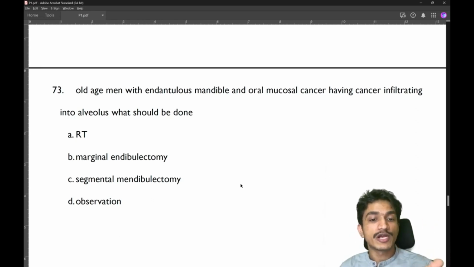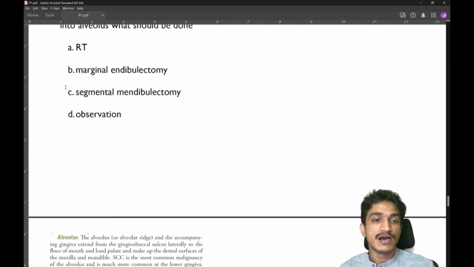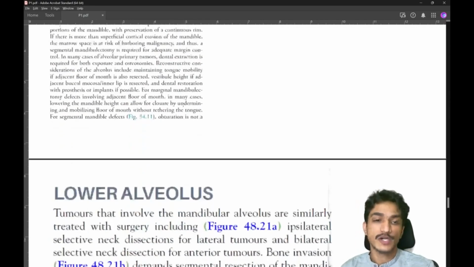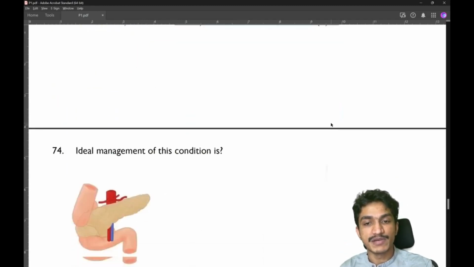If it was eroding, you can go for a marginal mandibulectomy, but as it is invading and infiltrating, according to Bailey and Sebastian, the answer should be a segmental mandibulectomy. As you have seen, bone invasion will demand segmental resection of the mandible.